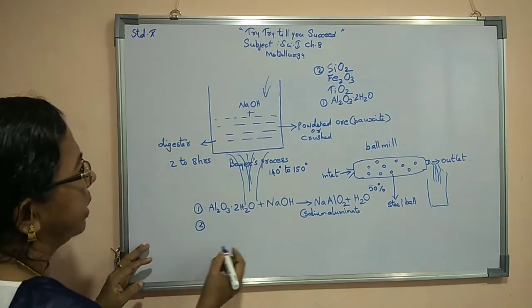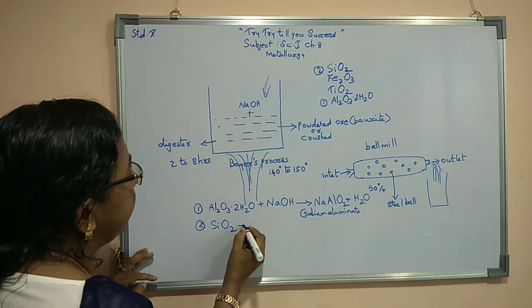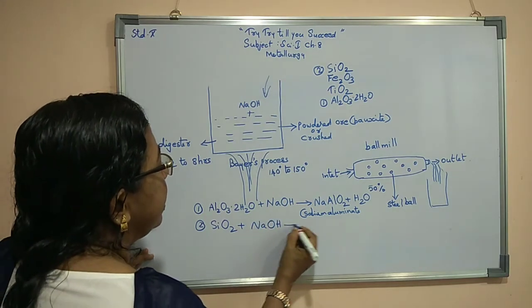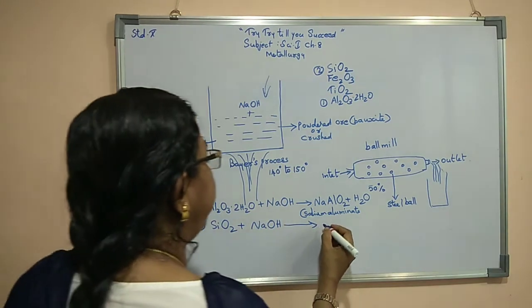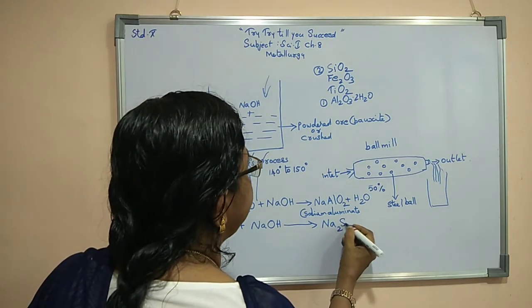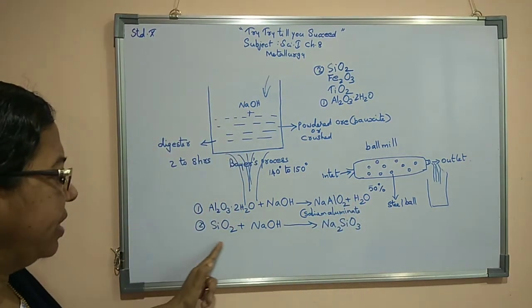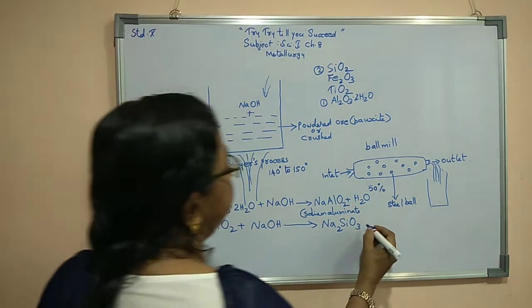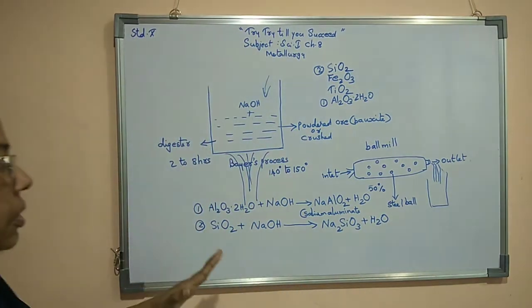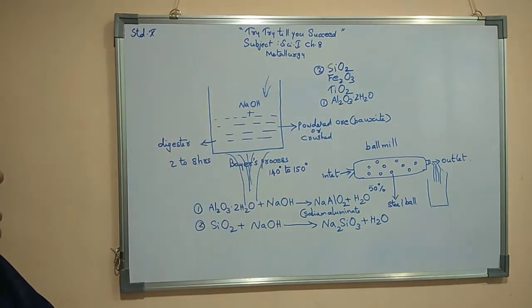The second thing I am telling you, silicon dioxide again can dissolve in sodium hydroxide. As a result, sodium silicate, Na2SiO3, is formed, as well as water. So these two things will dissolve in sodium hydroxide.